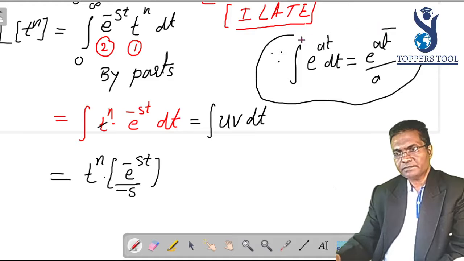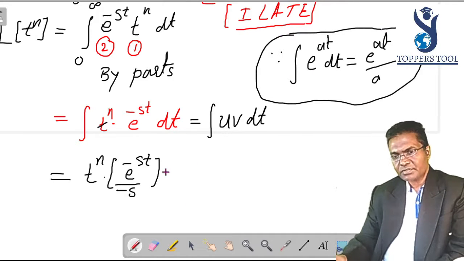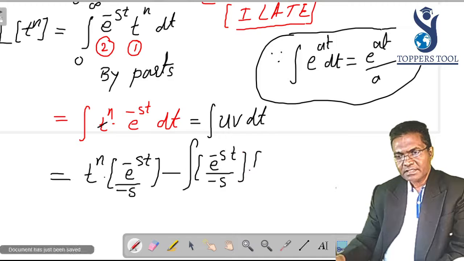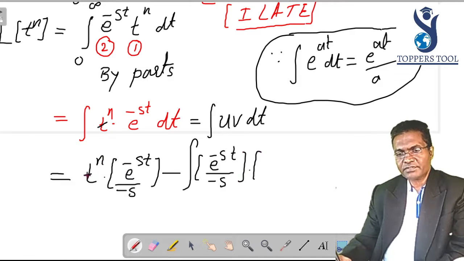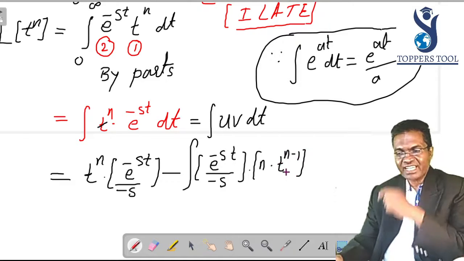Next, minus, under the integral sign you write as it is integration of second, that is e power minus st by minus s, into derivative of first, the derivative of t power n. Derivative of t power n is n into t power n minus 1, just like the derivative of x power n is n x power n minus 1.